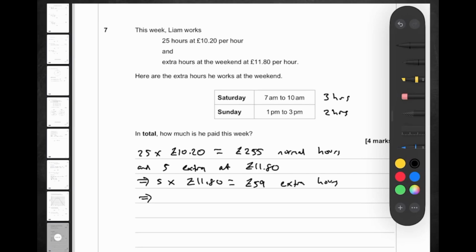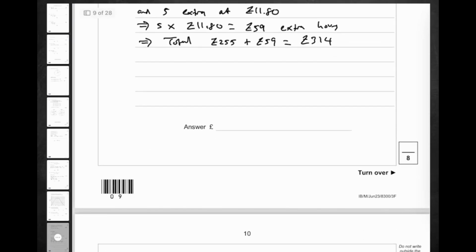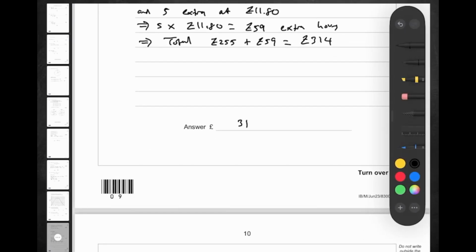So, the total is going to be 255 plus 59, which again I'll do on my calculator, is £314.